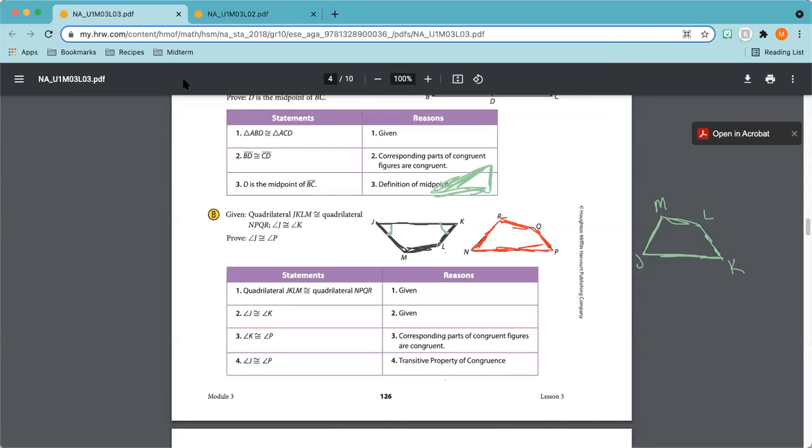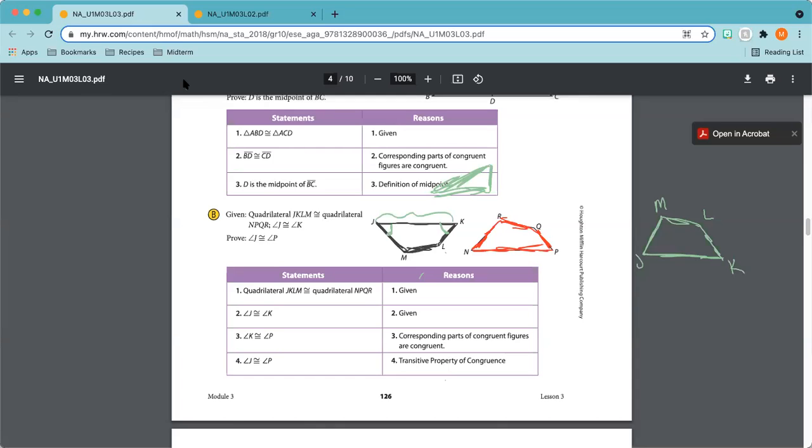I flipped JKLM because I like that flatter bottom side to be my bottom rather than the top. I could have flipped it either way. My point is that I get them to look the same, in the same orientation. I could have done both of them sideways if I wanted to. Point is that they're the same.